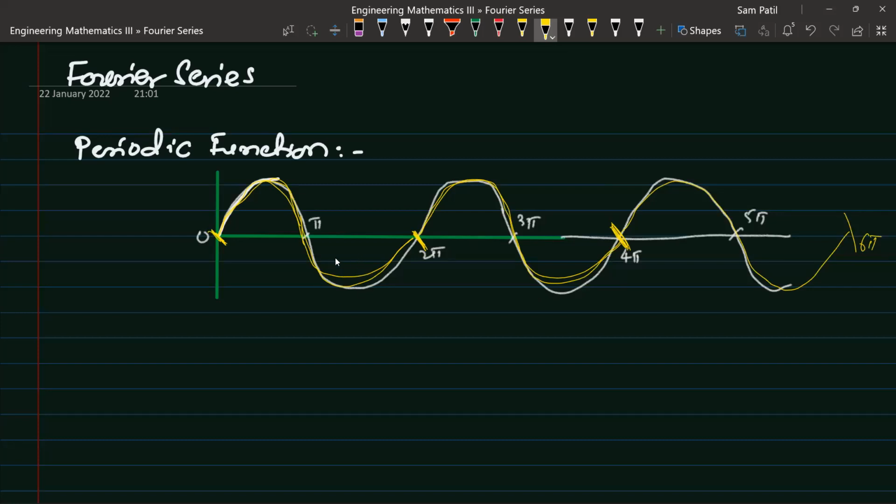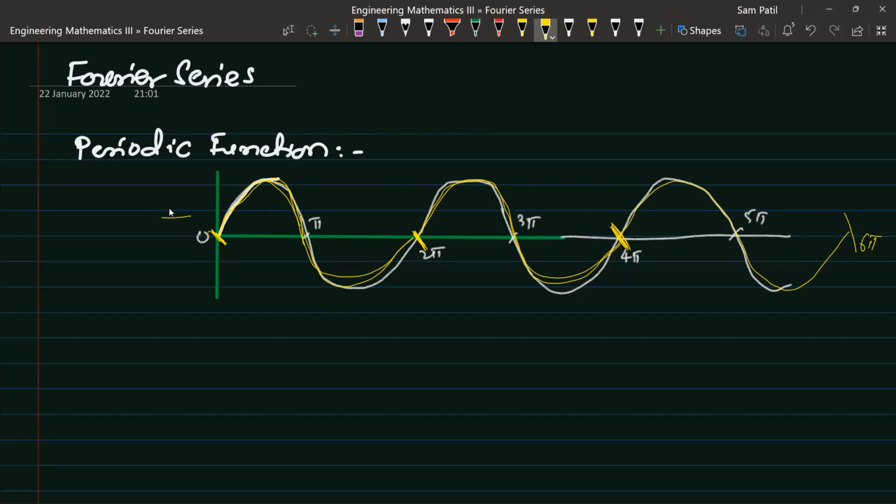So what does it mean? The curve is repeating after some interval. The graph of the function is repeating, which means the values of the function at those particular points are repeating after some interval. So 0 to 2 pi, same graph; 2 pi to 4 pi, same graph; 4 pi to 6 pi, same graph, and so on.